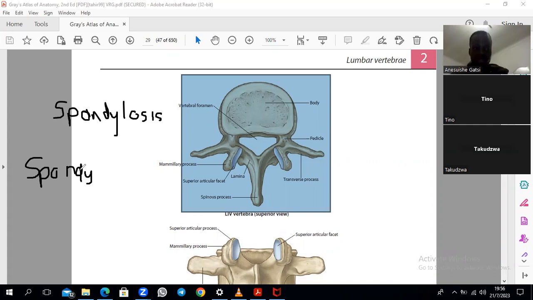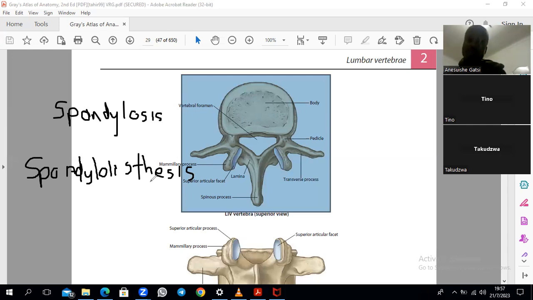There's an N, that's a D. Spondylolisthesis. So you have spondylosis, then you have spondylolisthesis. These are two different things.